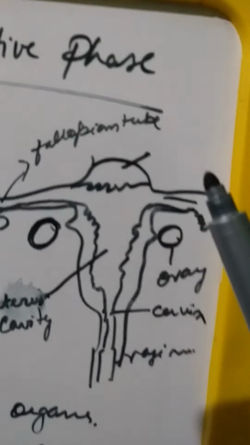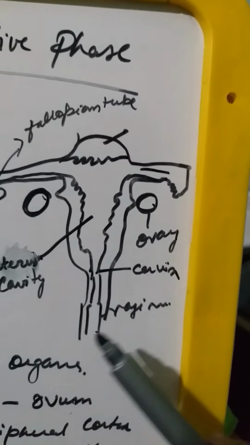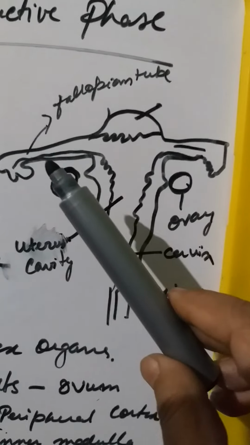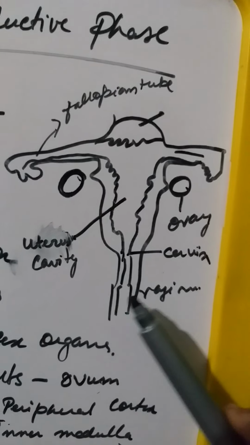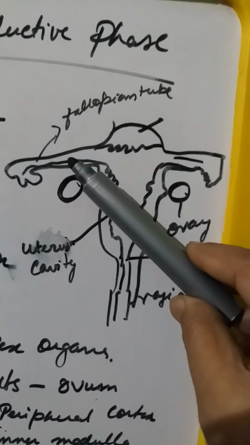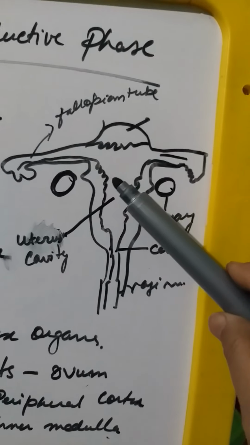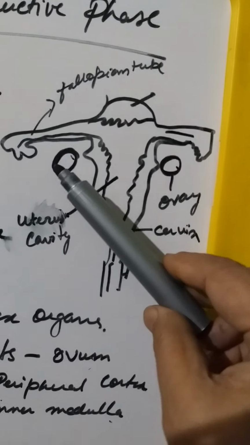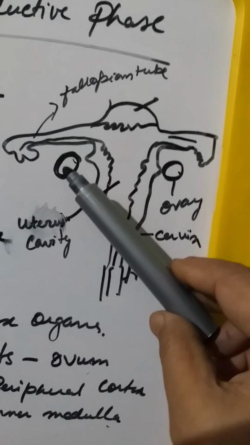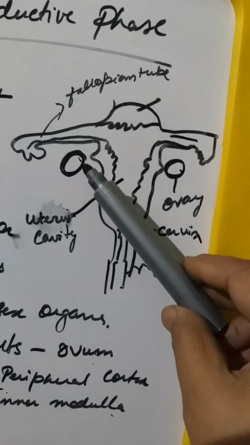Now you see, this is a rough diagram of the uterus, the primary female sex organ, in transverse section. Here you have the fallopian tube, the uterus chamber, and the ovary that undergoes gametogenesis to produce the ova or the egg.